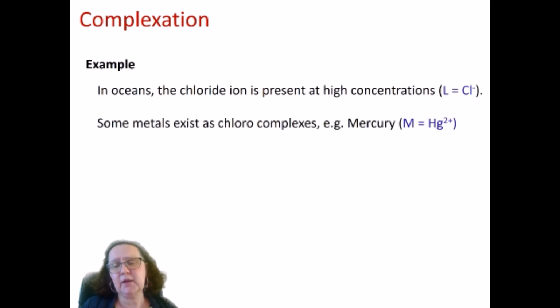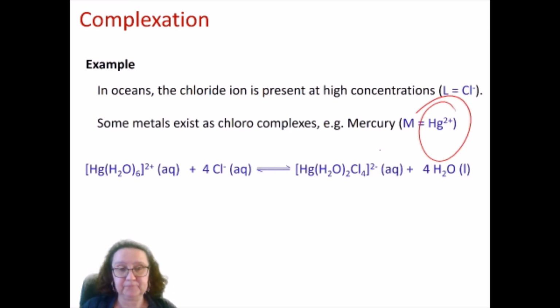Why do we care about it? Well, because different metal ions will have different affinities for different ligands. For example, in oceans you have many chloride ions. Chloride is the most abundant of all the ions in salty water. And some metals are particularly good at bonding with chloride ions, and one of those metals is mercury.